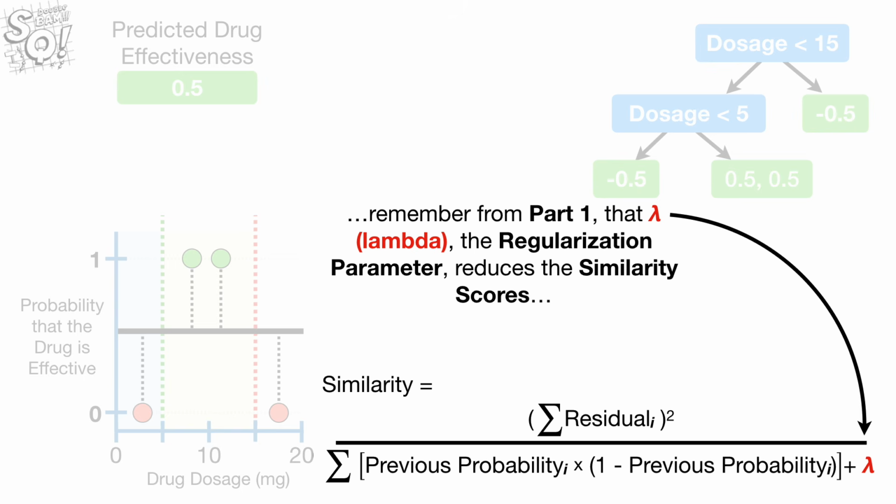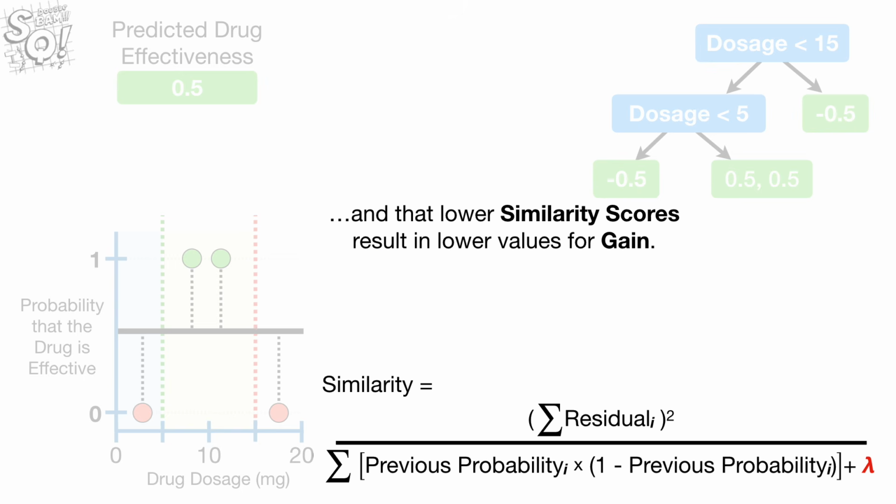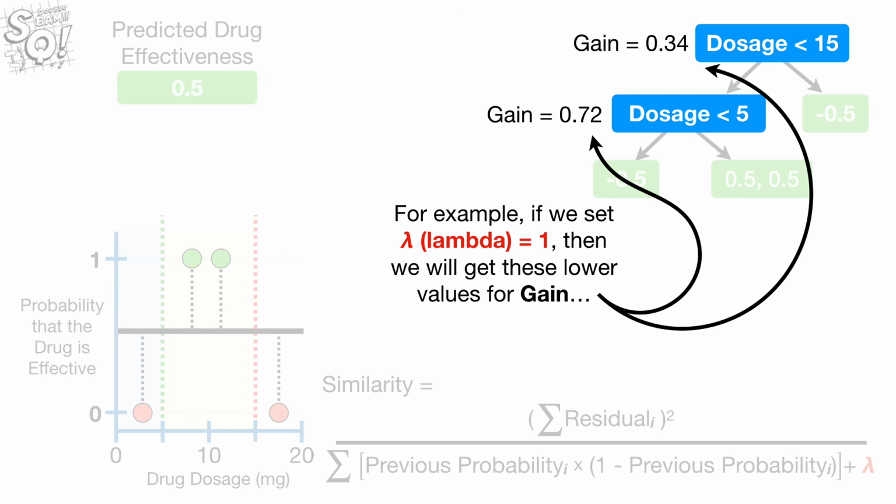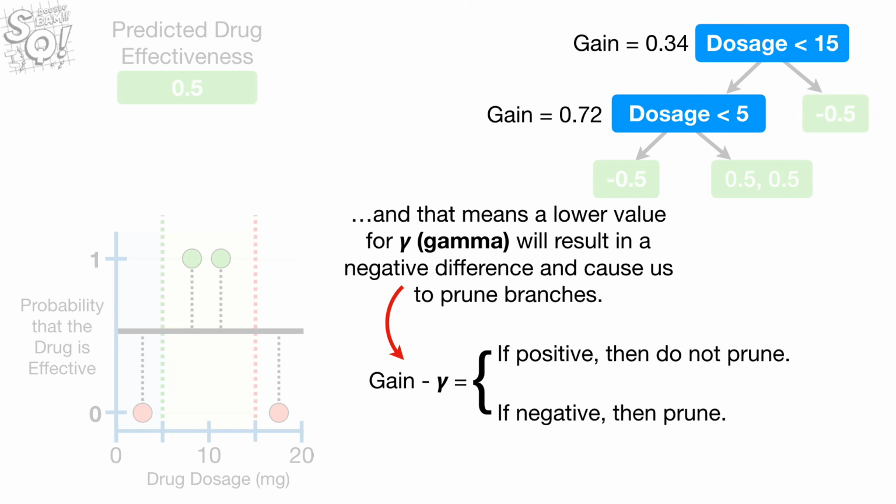Now, going back to the original tree, remember from part 1 that lambda, the regularization parameter, reduces the similarity scores, and that lower similarity scores result in lower values for gain. For example, if we set lambda equal to 1, then we would get these lower values for gain. And that means a lower value for gamma will result in a negative difference and cause us to prune branches.